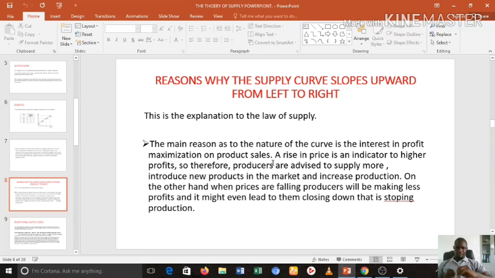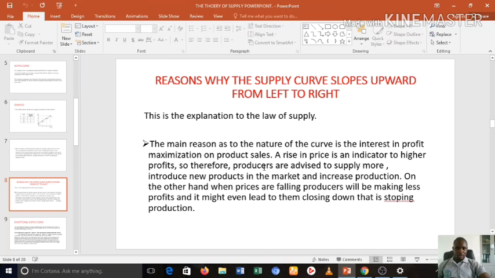Okay, now the main reason why the supply curve will slope upward from left to right is because of the producer's or the supplier's interest in maximizing profit, as a rise in price is an indicator of higher profits.